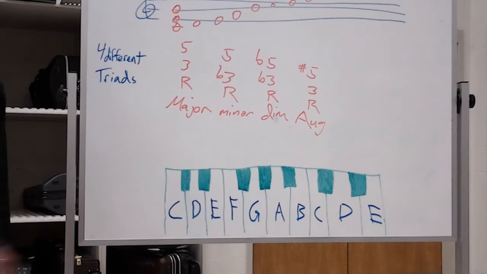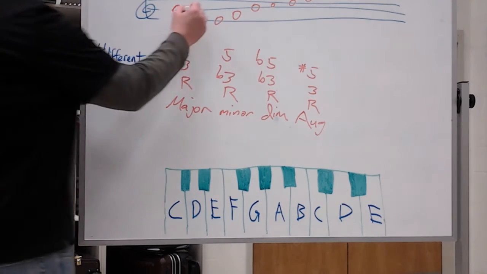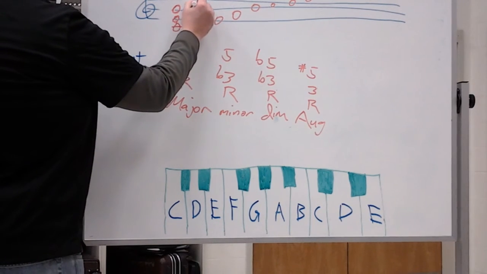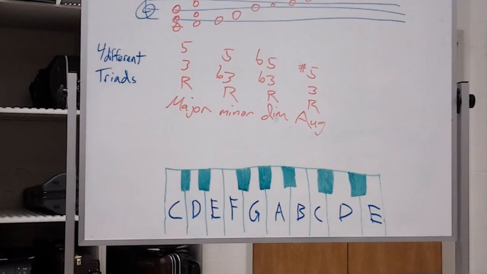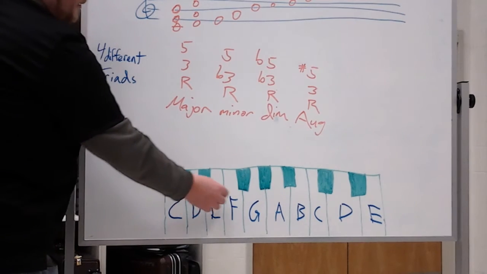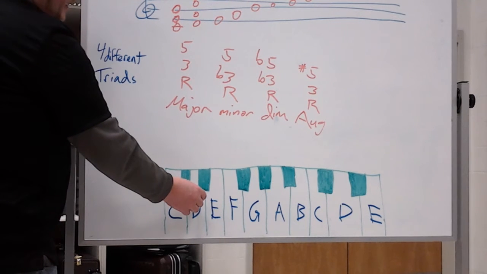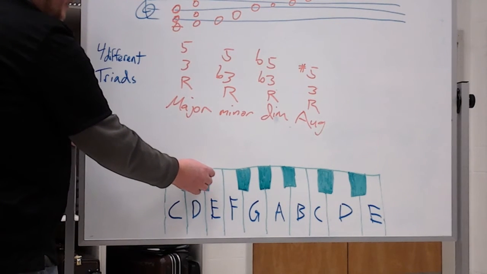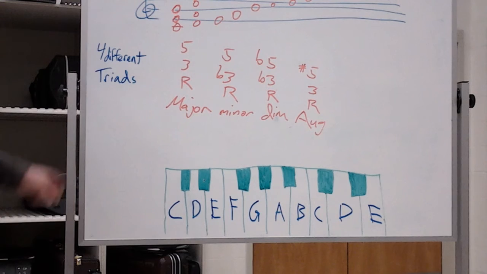If I build a triad on the 2nd scale degree of C major, which is the note D, I get the notes D, F, and A. Okay. This is actually a minor triad because the interval from D to F, if I'm going from D, D sharp is 1, E is 2, and F is 3, is only 3 half steps.